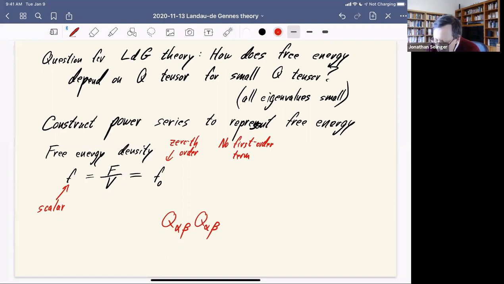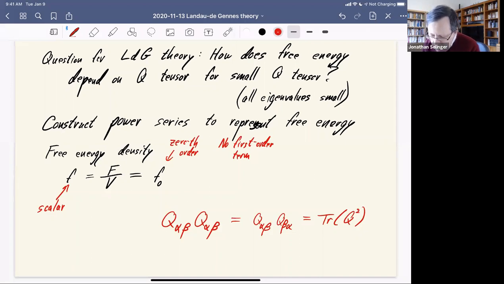This term could also be written in a few other equivalent ways, right? Because Q is a symmetric tensor, we could also write it like that. And this is equivalent to the trace of Q squared. So yes, a term like this is definitely allowed in the Landau de Gennes free energy.